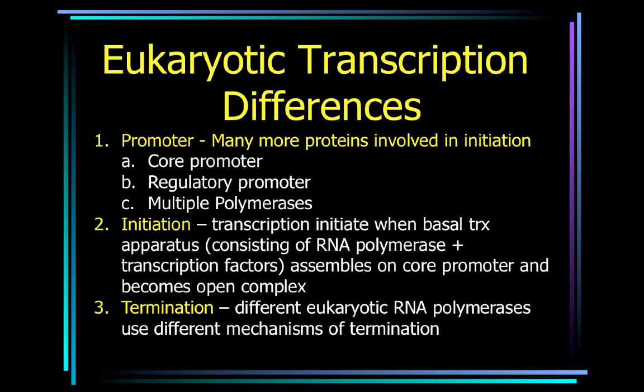And then finally, in termination, one of the major differences that we see in eukaryotic cells is that different eukaryotic RNA polymerases are going to use different methods of termination, even more complex than rho independent and rho dependent. So those are three major differences associated with eukaryotic systems compared to just our prokaryotic systems.